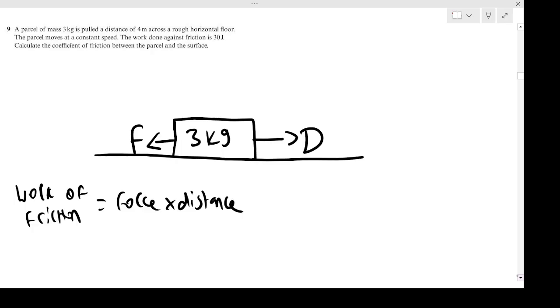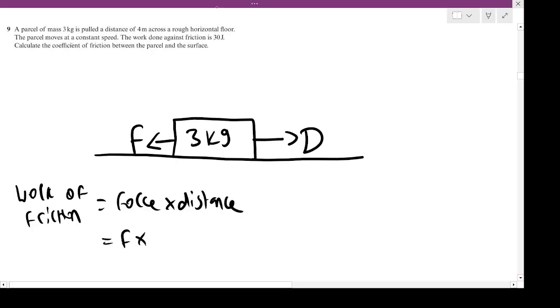Specifically, the force is friction, so that means F times the distance, which I'm told is 4 meters. So F times 4 is the work of the friction force. But I'm told the work is 30, so 30 is F times 4. Therefore, my friction force is 30 divided by 4. I get 7.5, and so I can add that on to my diagram.